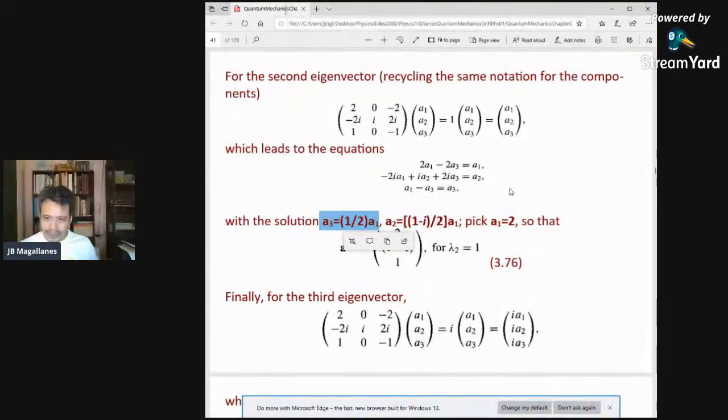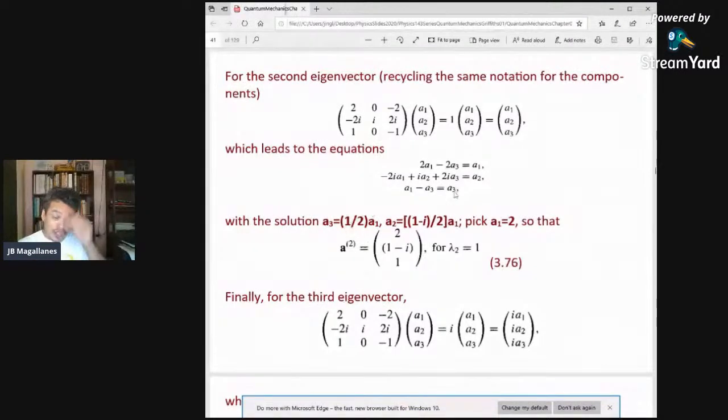Now, the second equation gives you a2 in terms of a1, and of course you know what a3 is. A3 is just 1/2 of a1.